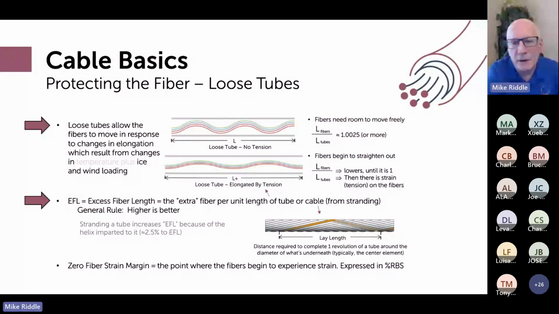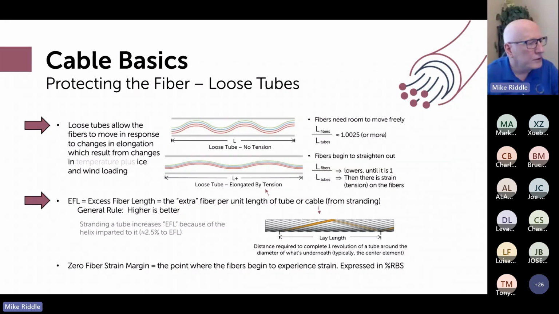Specifically, the fiber can develop cracks, and then the cracks can propagate over time, and then the fiber can ultimately just break. And that's bad, obviously. So you try to protect the fibers from the strain. And we're going to see how you do that as we go through this presentation.